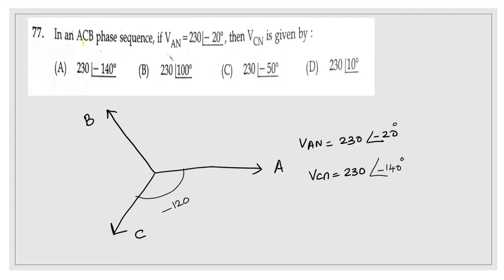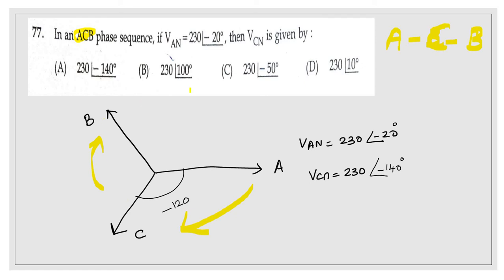Next, in an ACB phase sequence, if VAN is 230 angle minus 20, VCN is given by. ACB phase sequence is the clockwise direction sequence.